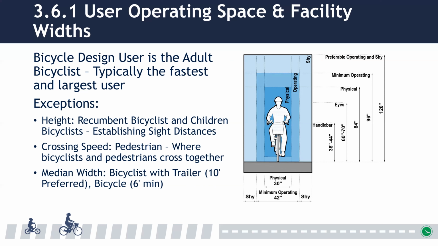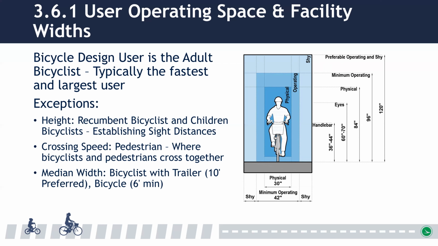Crossing speeds typically use the crossing speed of a pedestrian if bicyclists and pedestrians will cross together. And finally, as we previously discussed, median widths should accommodate the longest vehicle, which may often be the bicyclist with a trailer requiring 10 feet as opposed to the 6 feet.